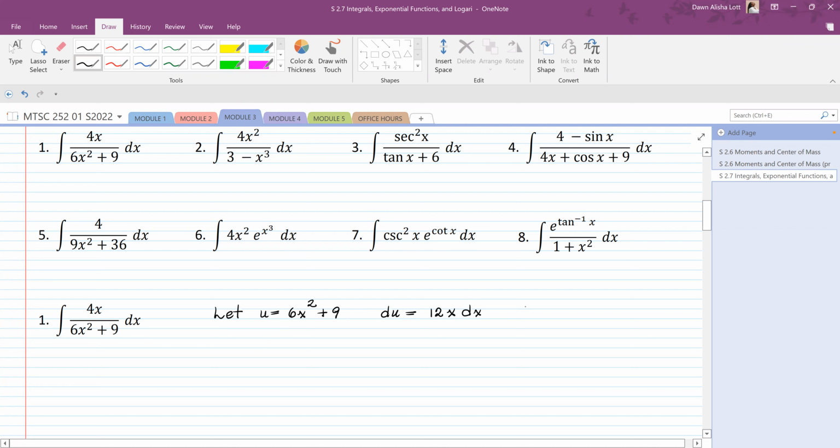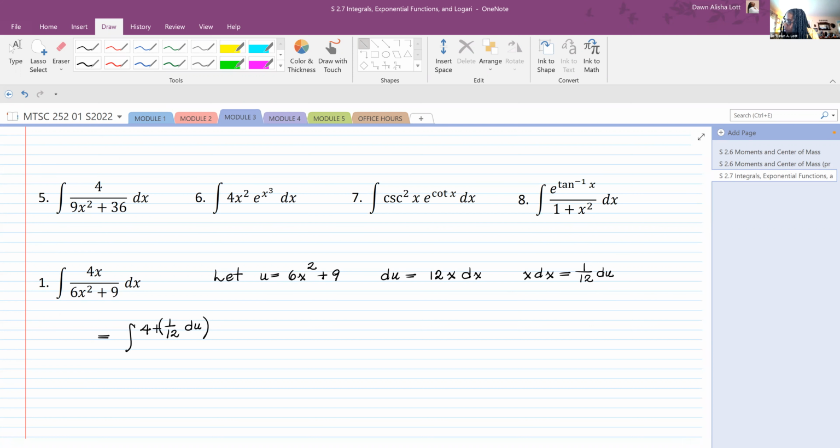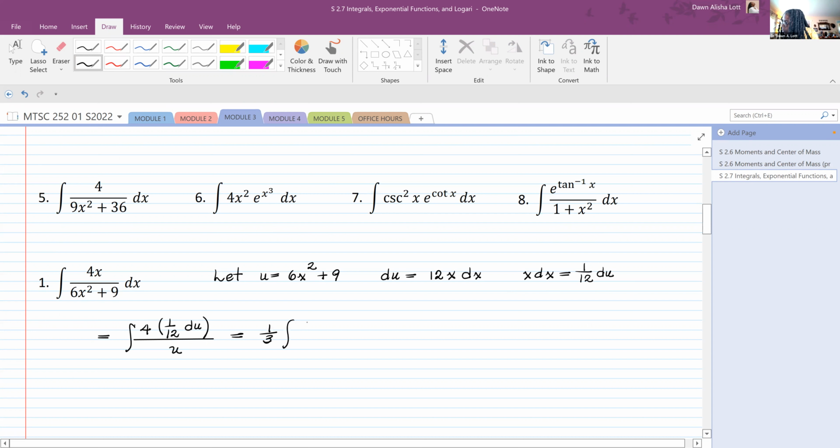Okay, so what is x dx? 1/12 du. Good. All right, so let's do our substitution. I have a 4, x dx, there it is, 1/12 du. 6x squared plus 9, that is u. 4/12 is 1/3, the integral of du over u.